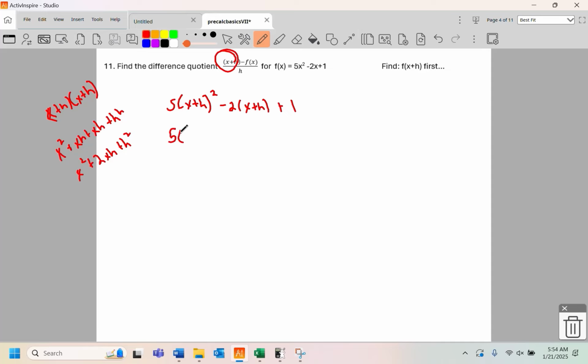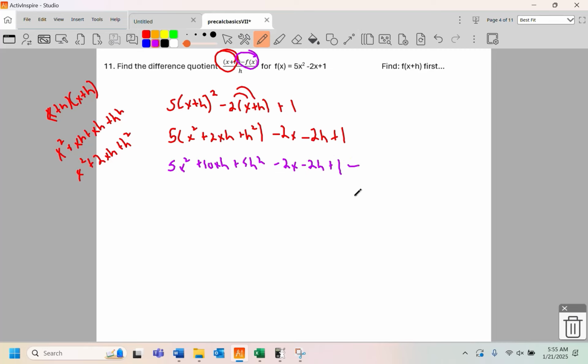There's a 5 out front that you still got to worry about. Don't forget about it. Don't forget about the distributive property. 5x squared plus 10xh plus 5h squared minus 2x minus 2h plus 1.